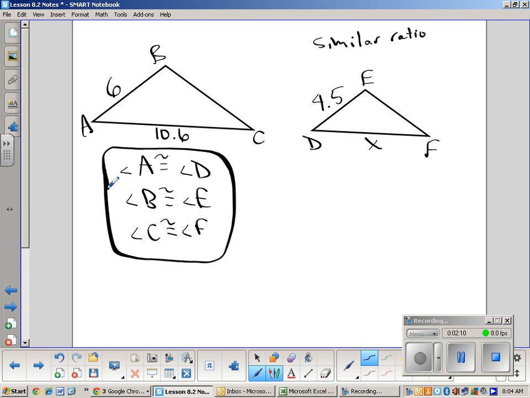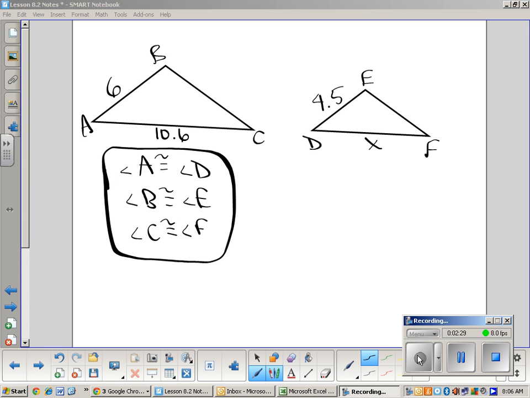That means these triangles have to be similar. Okay? If one of those two facts is true, then they're both true. So these two triangles have to be similar. I'll pause while you copy this stuff.